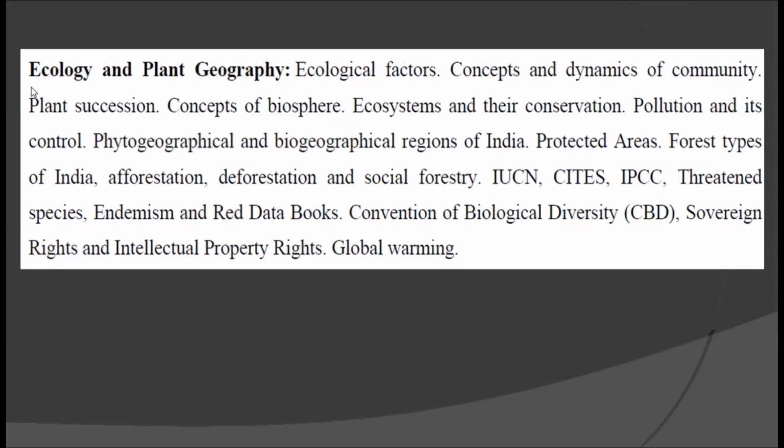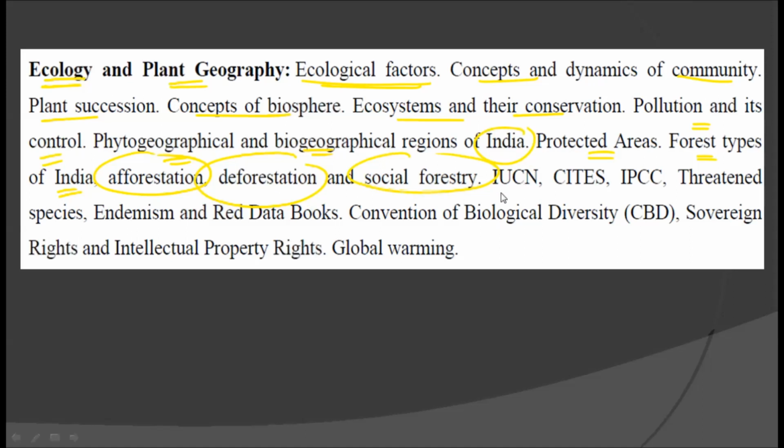All right. The last chapter we have in the syllabus is the ecology and the plant geography. In this, we have to study the ecological factors, then the concept and dynamics of community, then plant successions, concept of biosphere, ecosystems and their conservation, pollution and its control, phytogeographical and biogeographical regions of India, then protected areas, forest types of India, afforestation, deforestation, and the social forestry.